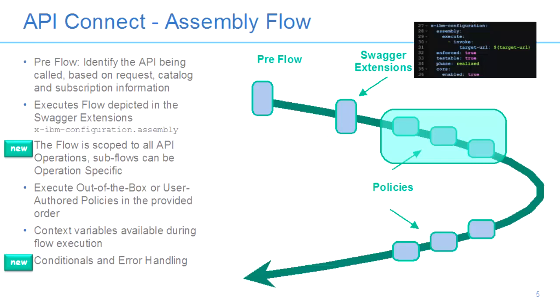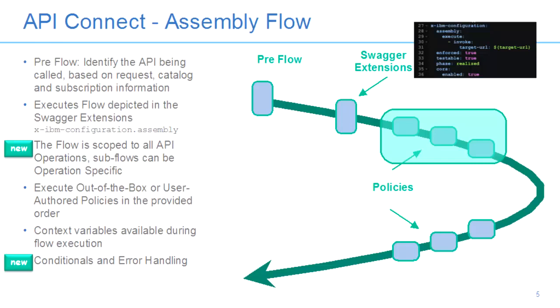You just code the one flow, and if you do need to take operation-specific actions, you can always use the operation switch capability in the flow that we're going to talk about very shortly.